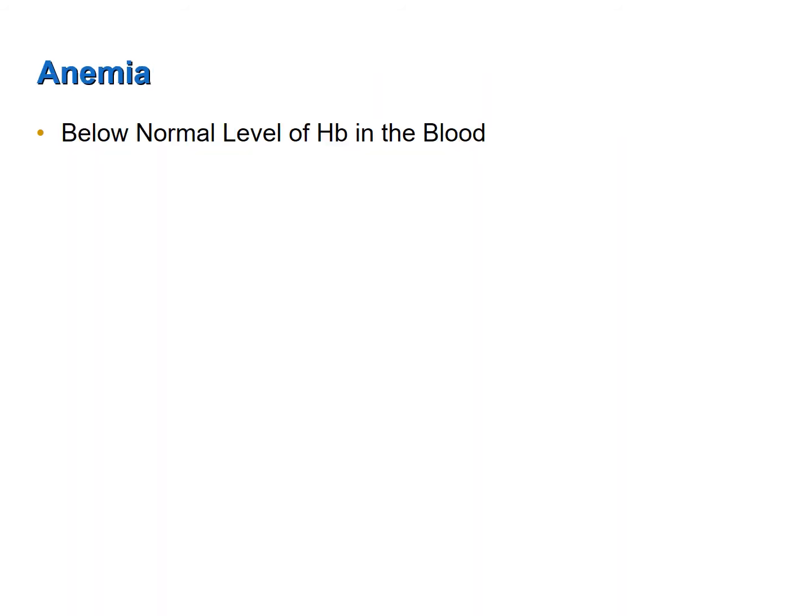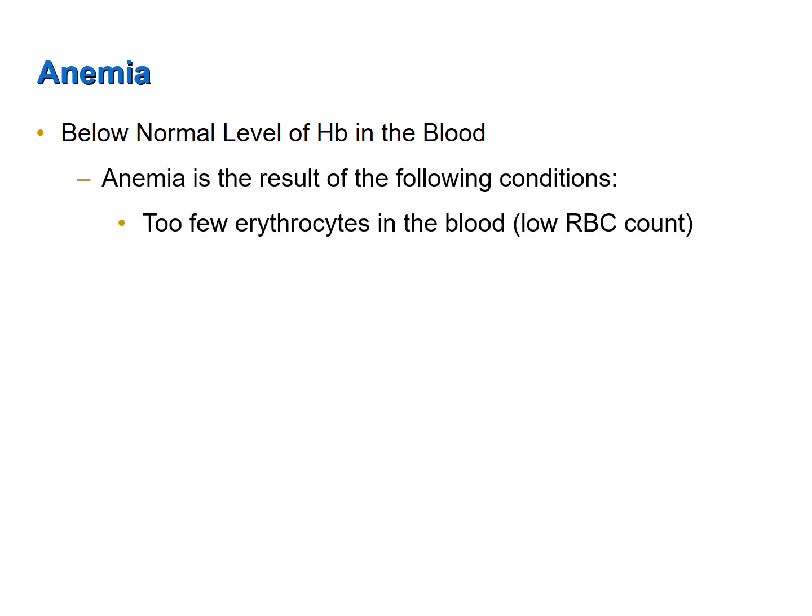So what if there is a below normal level of hemoglobin in the blood and therefore a reduction in the oxygen carrying capacity of the blood? This is called anemia, and it can result from the following conditions. You can have a low red blood cell count, where there's just a lower than normal level of red blood cells in whole blood.